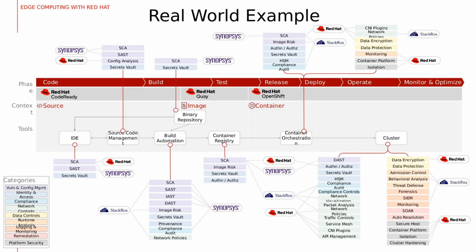And what you see in this chart is that Red Hat and StackRox, Red Hat has purchased StackRox, together, we cover a lot of these techniques as part of the platform itself. So, in terms of the container registry, in terms of authentication, in terms of hardened containers, we do a lot of that. It's built in as part of the platform of OpenShift. But there's a lot of things that we don't do.